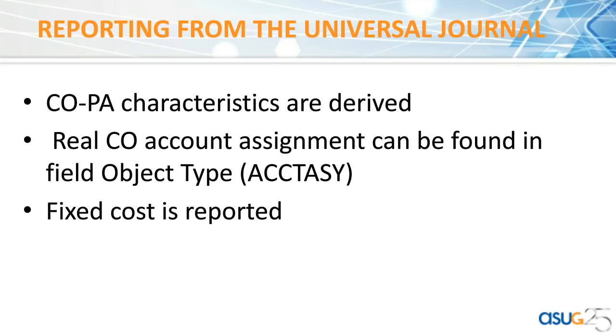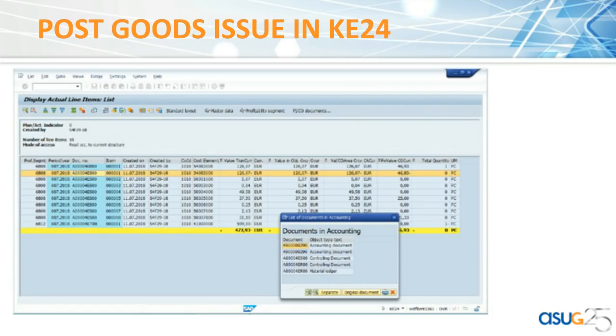So I did a couple of screenshots for this presentation of a post-goods issue, and I started with KE24. And I know sometimes looking at slides, it's kind of hard to see the detail. But in the background of this slide, there are actually two documents. There's the plain old cost of goods sold posting for about 126 euros.